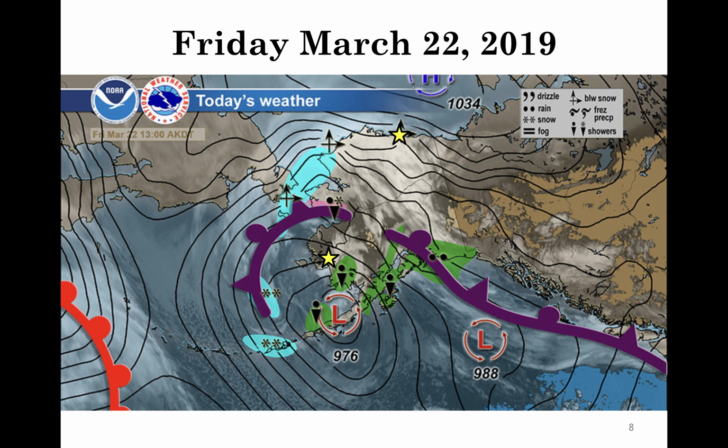You can see here that there are low pressure systems influencing Bethel on March 22nd, and there are high pressure systems influencing Kuprik. We'll take a look at the winds here, and for Kuprik, the winds are southeasterly, as well as Bethel. They are also southeasterly.